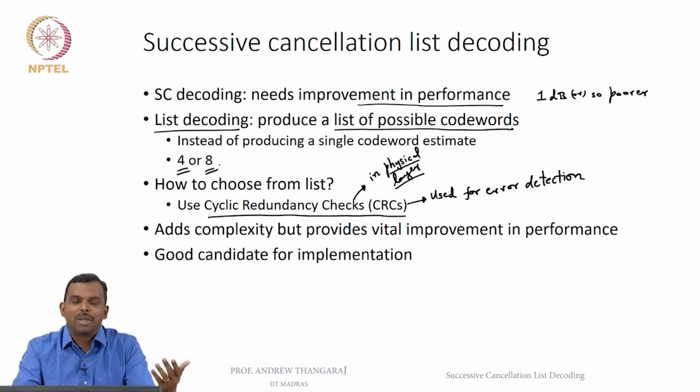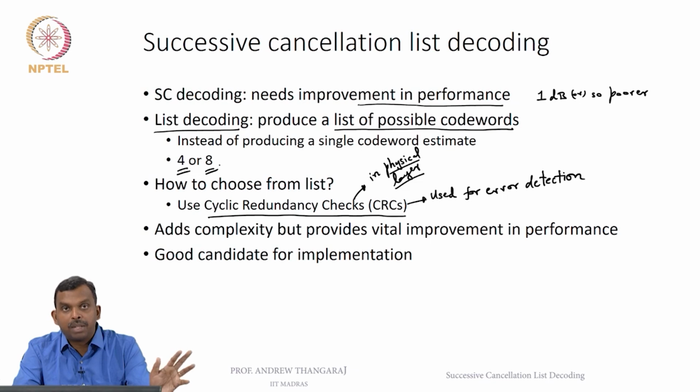You have to then pick something by some choice, but usually, as it turns out in Polar codes, that doesn't happen. Usually you have one among the list as being the valid code word, and that will pass the CRC check. So, this observation was quite crucial in making Polar codes successful in practice. It of course adds complexity.